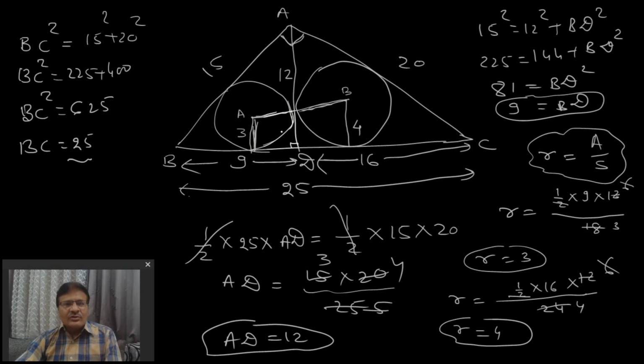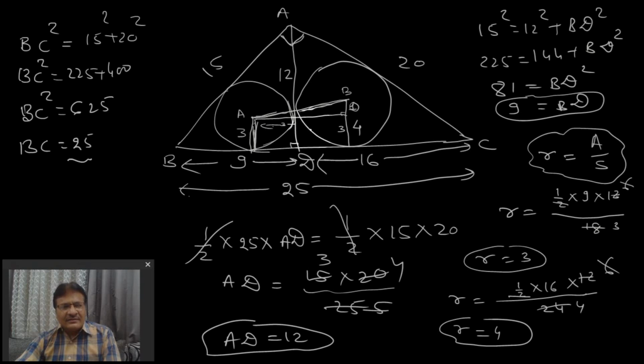Is that clear? So suppose I draw a perpendicular from here. If this one is 3, can I say this is 3? And if this one is 4, can I say this remaining portion is 1? Right? Now this is a square. So can I say if this length is 3, then this length is 3?